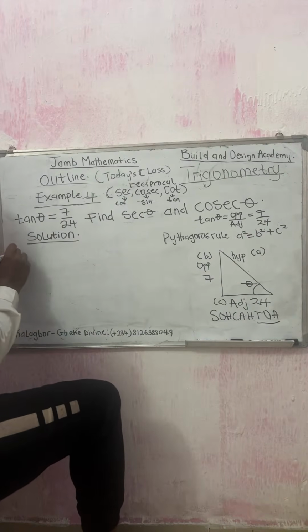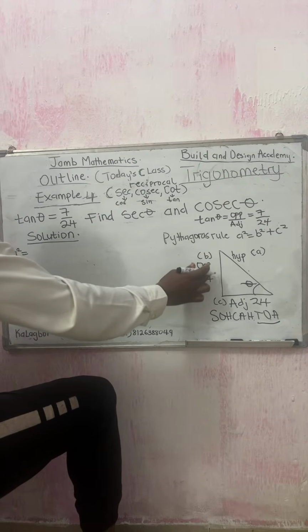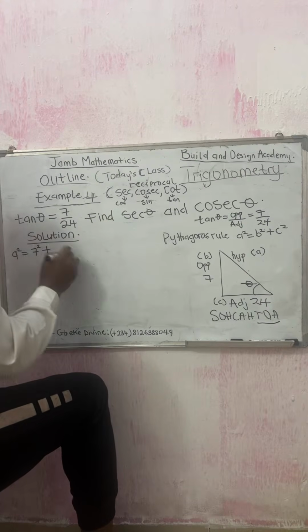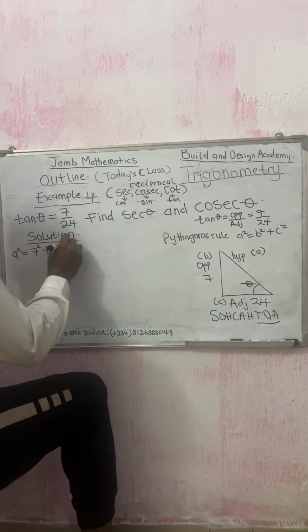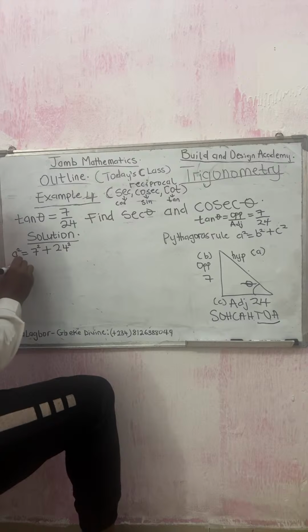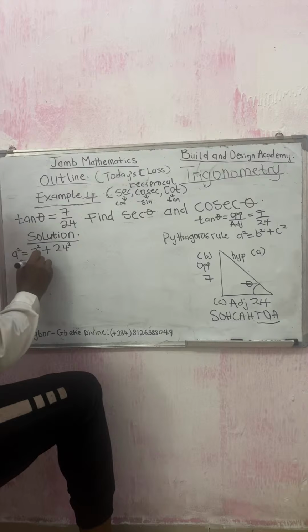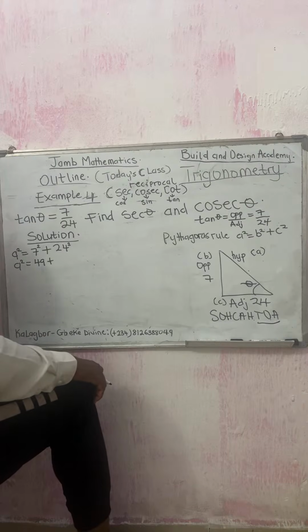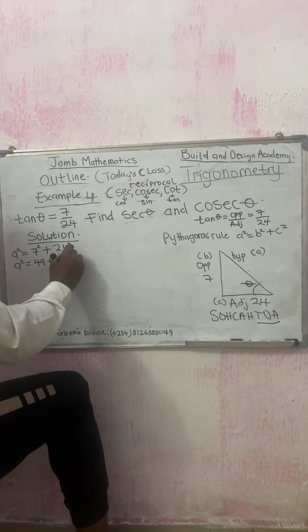A square is equal to 7 square, that's b square, plus 24 square, that's c square. 7 square is 7 times 7, which gives 49, plus 24 square is 24 times 24, which gives 576.